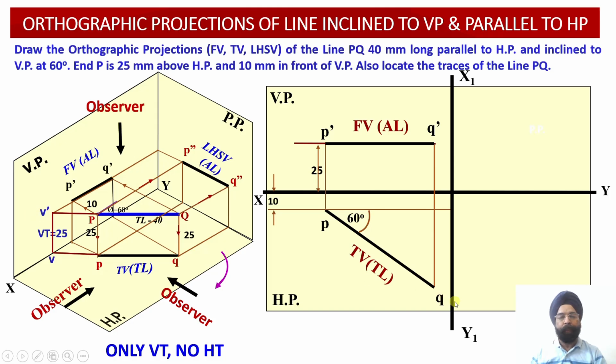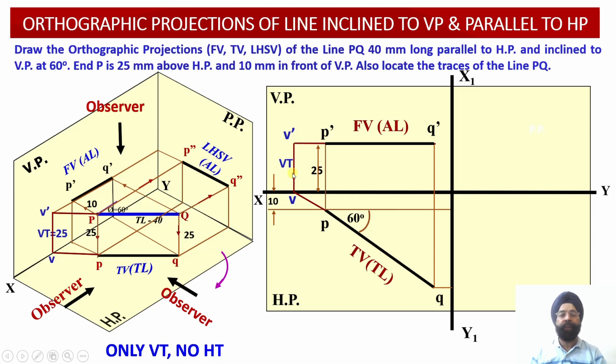Please check, I am going to extend this plan projection line PQ such that the extended line meets the XY reference line at the point V, and from V we take a vertical projector upwards so that it intersects with the elevation projection line or its extension.